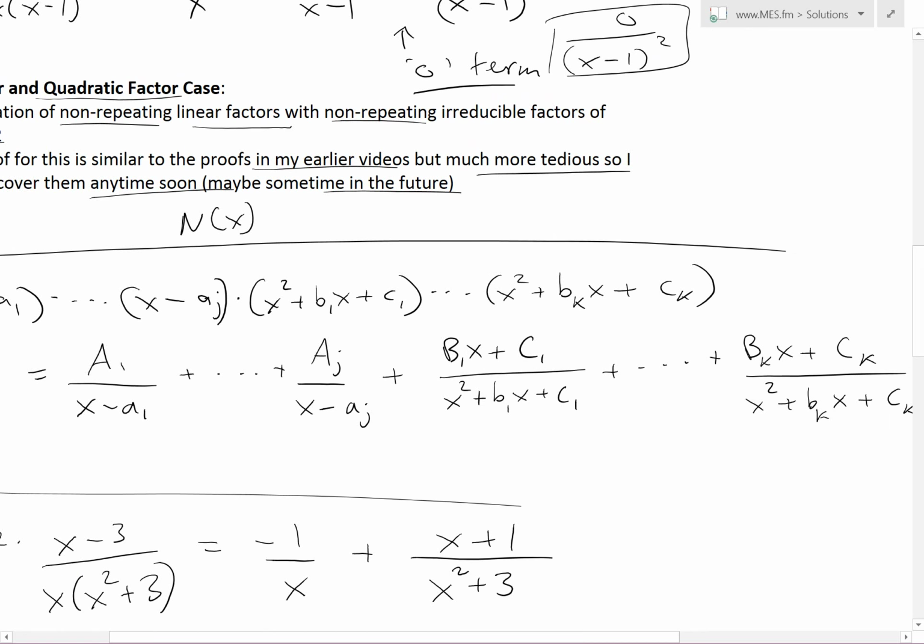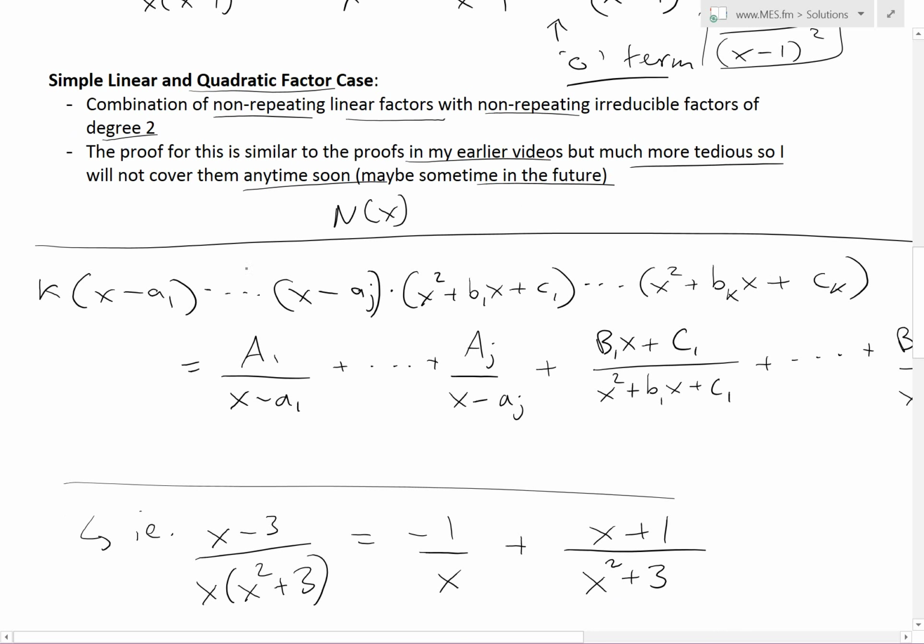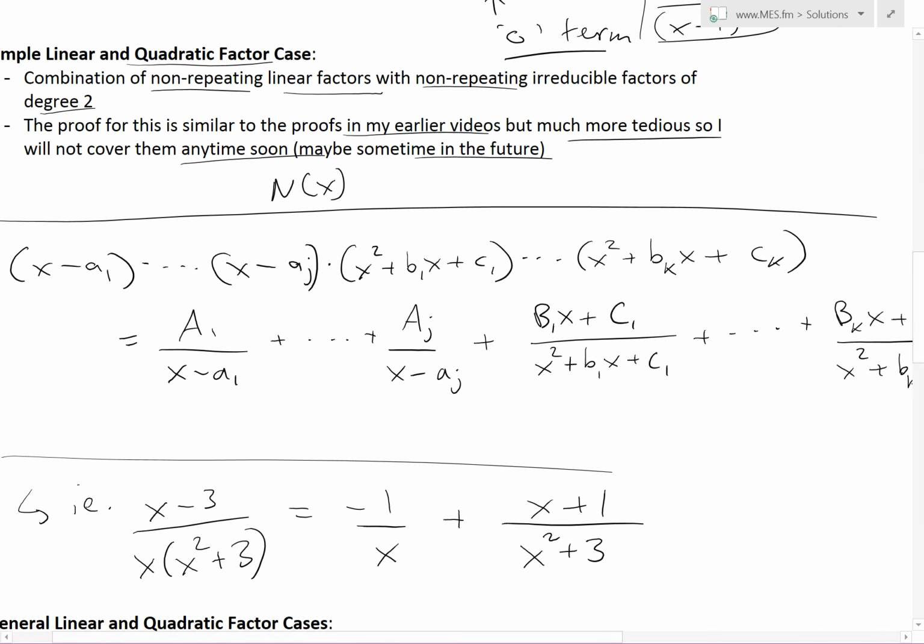And so as you can see, the general form, we write it down: n over x, k, that's a constant, times this, which is the linear part, and now you have this x squared plus b1x plus c1, which is the non-linear part, all the way until we get the most general one, x squared plus bk times x plus ck. And what they equal as well, we write down here.